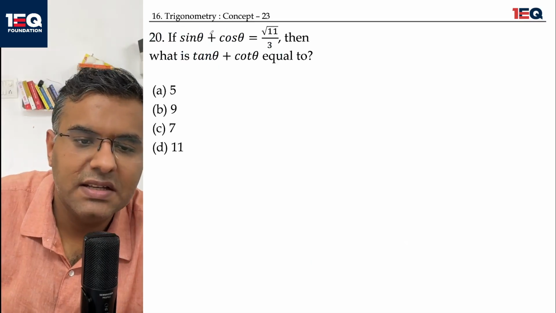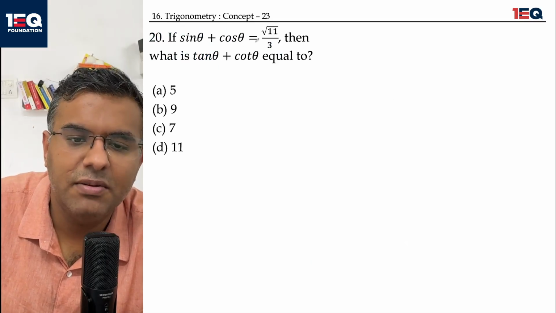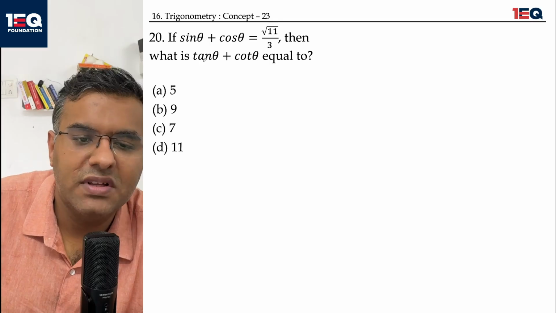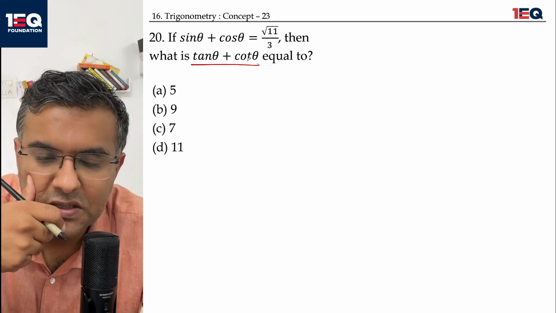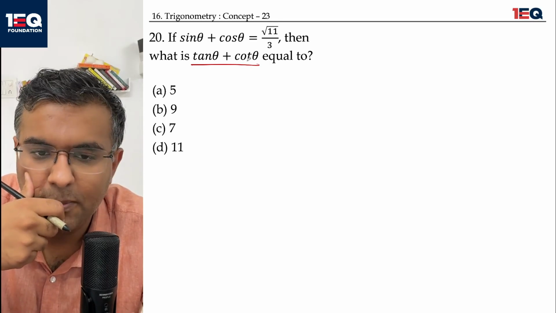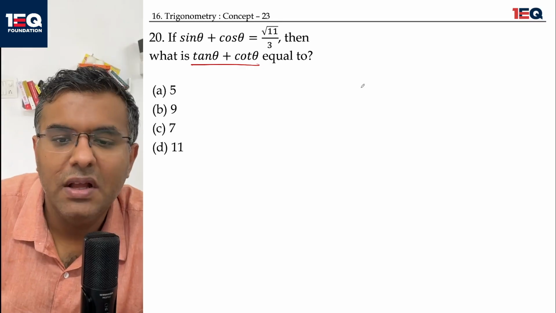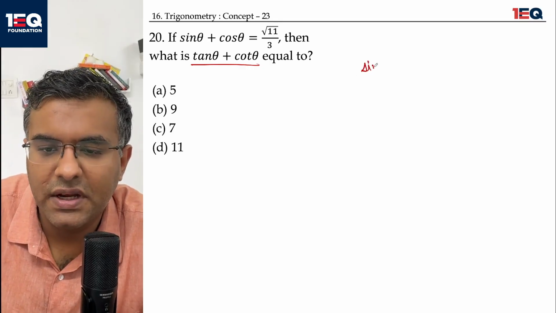It says that sin theta plus cos theta is equal to root 11 by 3. Then what is the value of tan theta plus cot theta? Let me see what formula would work out best for me. Let me first square things on both sides.